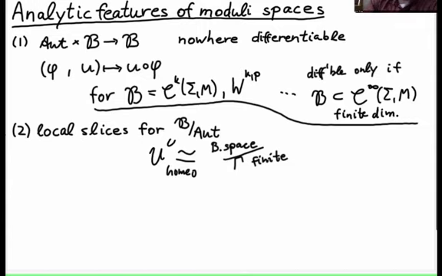This finite set will usually be a stabilizer group. And so the puzzle is, what is the Banach space? And how do I get this homeomorphism here?